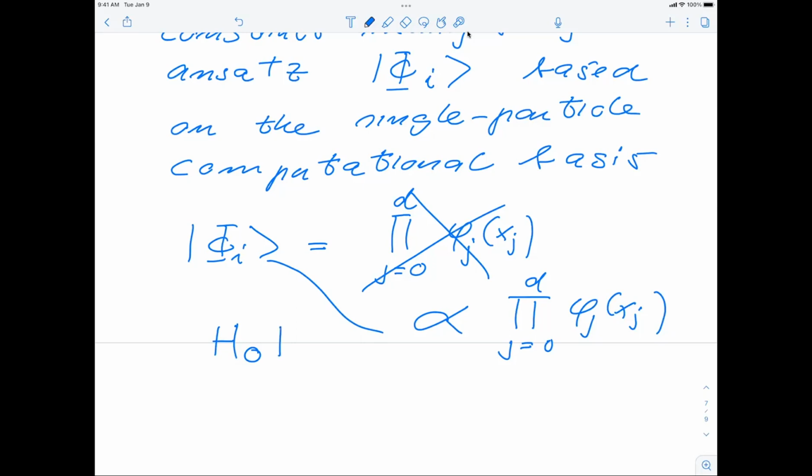But the thing now is that if this single particle basis is an eigenbasis of the single particle H_0, this is also an eigenbasis of the many-body H_0. So this is going to be an eigenbasis of this, with eigenvalue E of phi of I.